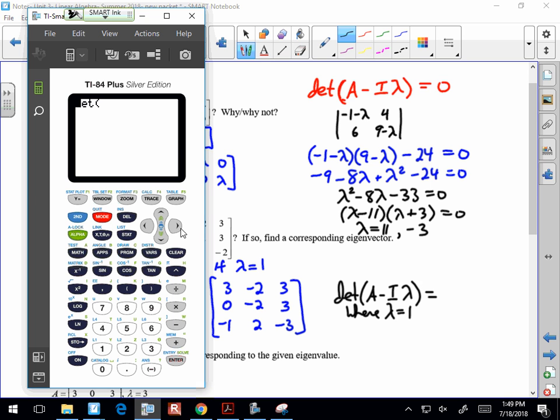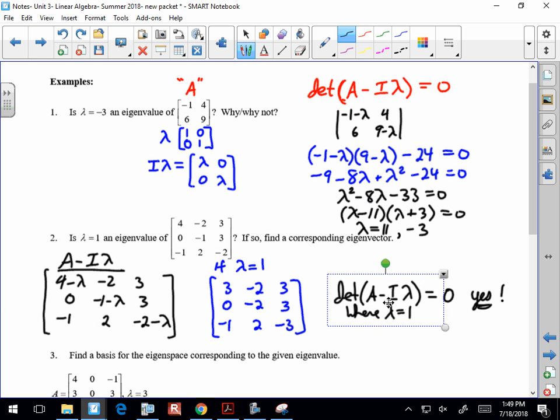All right. So it is an eigenvalue. Now we need to find the corresponding eigenvector.